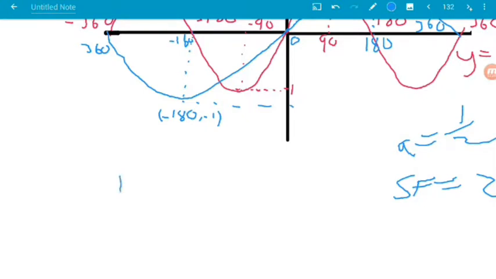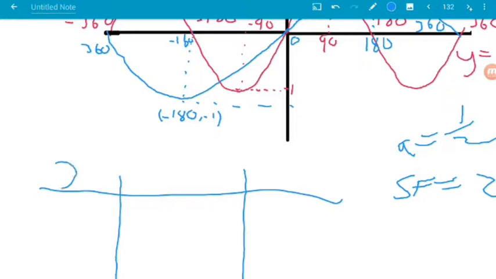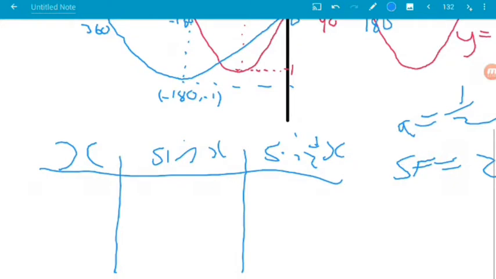Let's have sine of x and sine of 1/2 x. Let's have x equals 180.